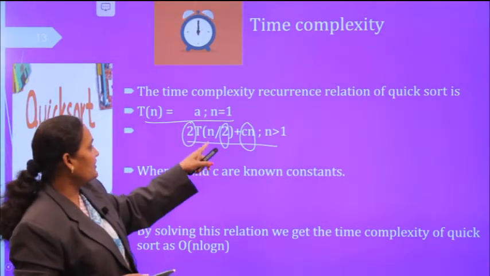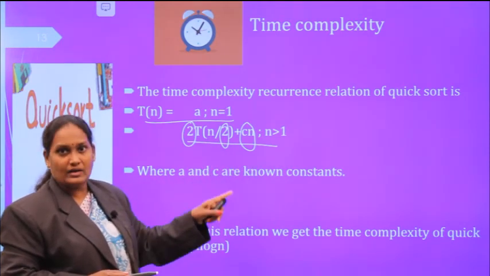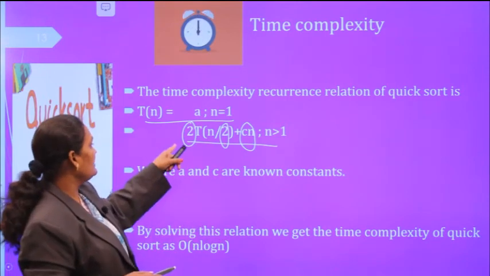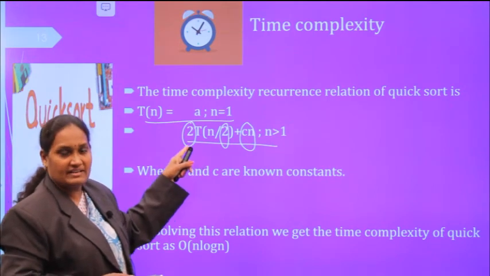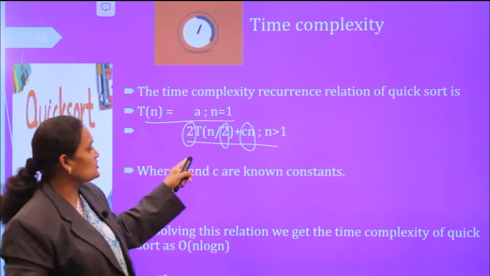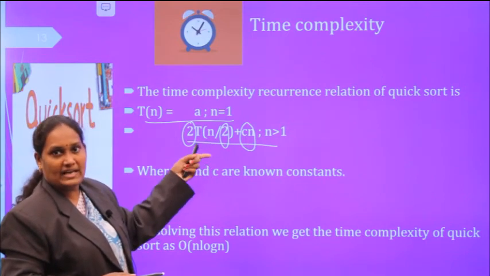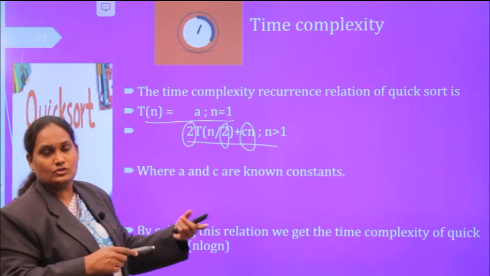So here f of n is nothing but the time required to partition the array, or to divide the array and to conquer the solutions. And here a is nothing but how many subproblems we are considering. We are considering both the subproblems. So a is 2 and T of n by 2, where we are dividing the array. So here we are dividing the array in the place of partitioning into two halves.